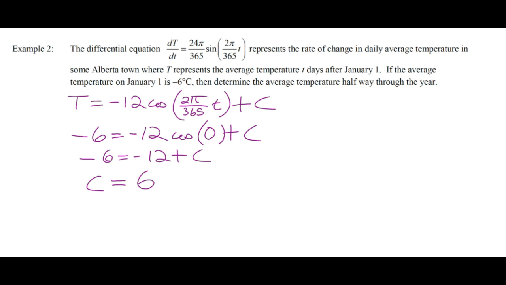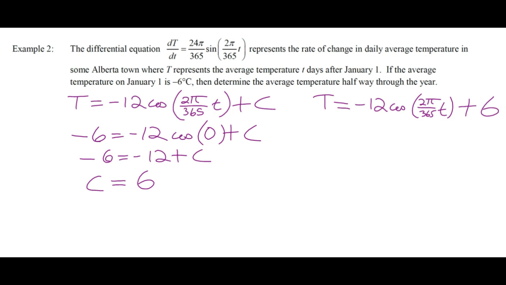This actually makes a lot more sense than the answer I came up with. I decided to divide for some reason. So c is equal to 6. So our expression then is T is equal to negative 12 cos of 2 pi over 365 little t, plus 6.